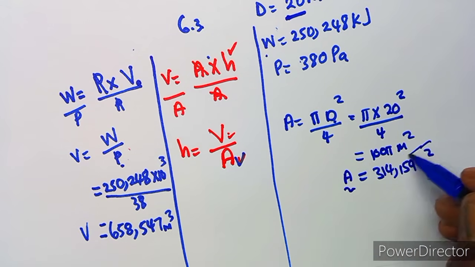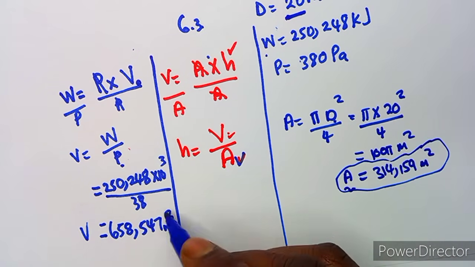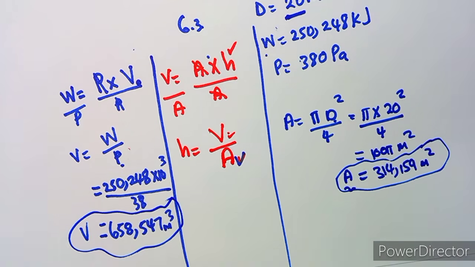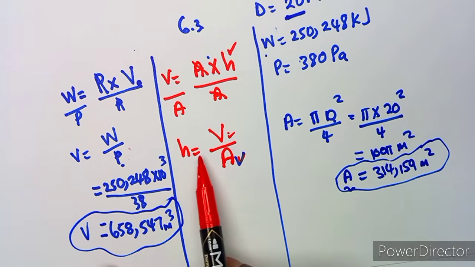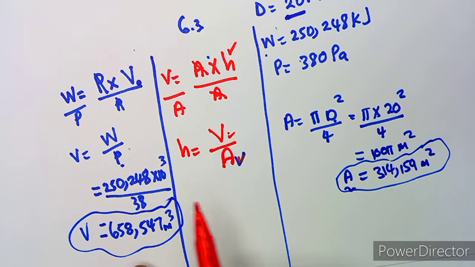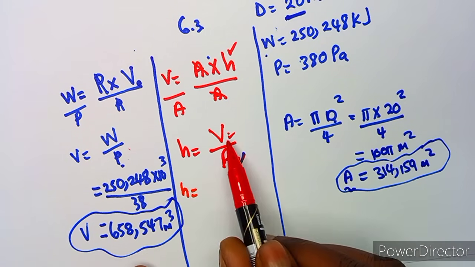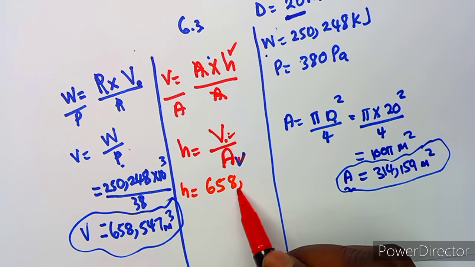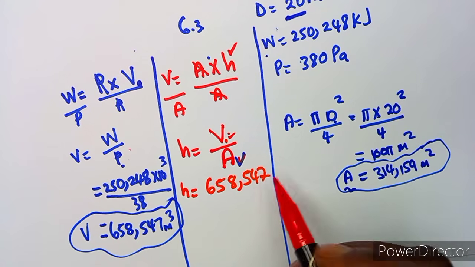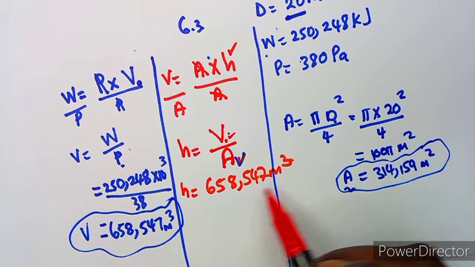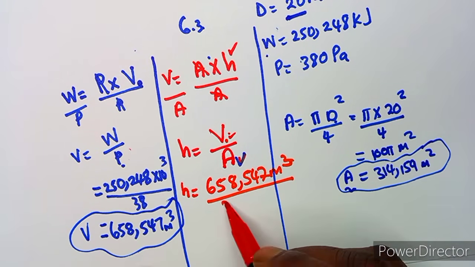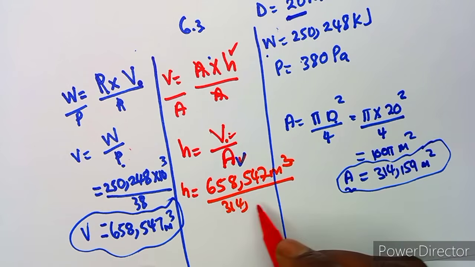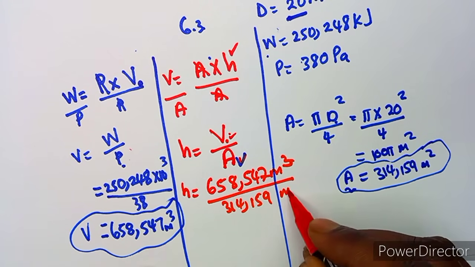So if this is our area and this is our volume, we can play around with the formula to find the height that we need. Height is equivalent to the volume, which is 658.547 cubic meters, over the area, which is 314.159 square meters.